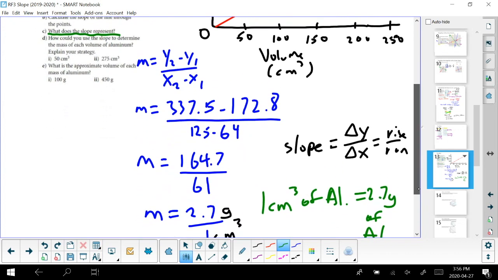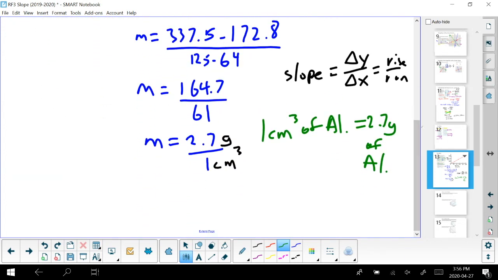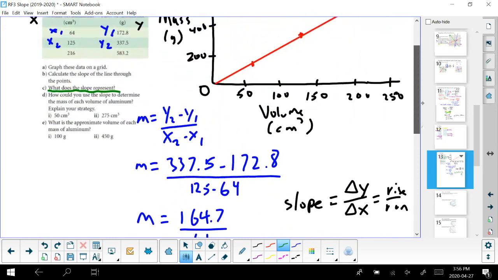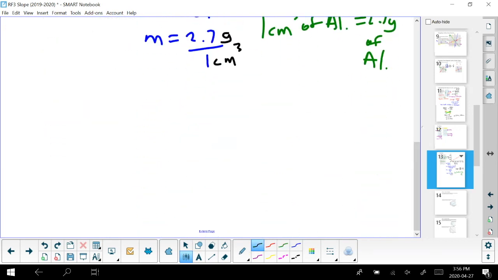Again, using our M12 outcome, using unit analysis, we are being asked what happens if we have 50 cubic centimeters of aluminum. We're going to multiply that by our proportion. We know that we have 2.7 grams per 1 cubic centimeter.